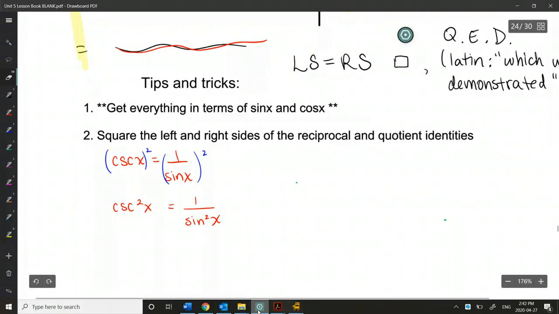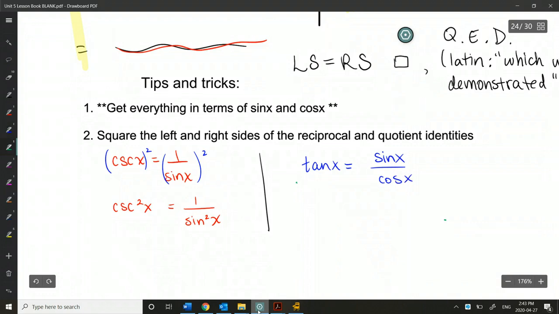Okay, so you can see here that our equation is still equivalent because I've done to one side what I've done to the other side, or should I say expression. And the same thing goes for the remainder of the reciprocal identities and also both of the quotient identities. So for instance, we have a quotient identity, which is sine x over cos x is equal to tan x. And I can do the same thing here. I can square the left side and square the right side.